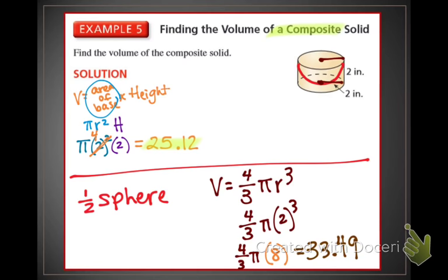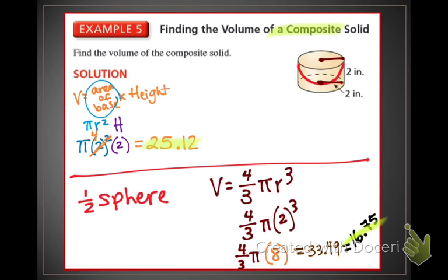But that is for the whole sphere, because if I tried subtracting this from this, we're going to get a negative number, and there's no such thing as negative volume. So we're going to take half of it because it's half a sphere. So go ahead and divide that by 2. And you get 16.75.